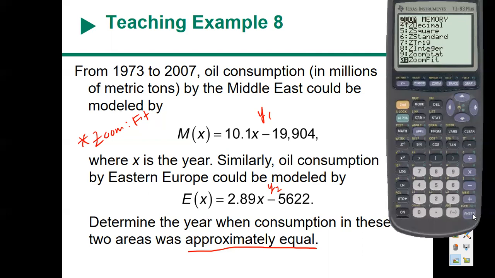So back to zoom fit. I'm going to zoom out on zoom fit a little bit. Because I'm zoomed in so much, it's going to look like it's horizontal, but is it really horizontal?